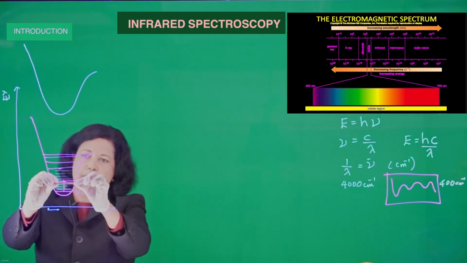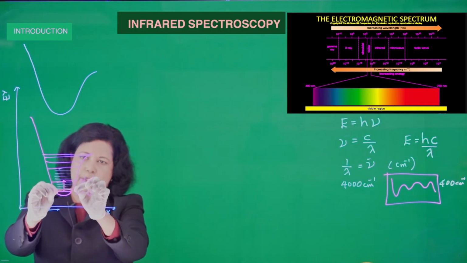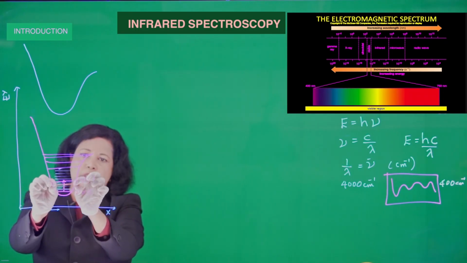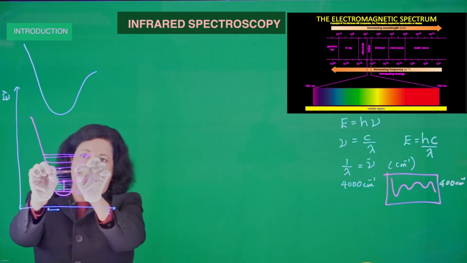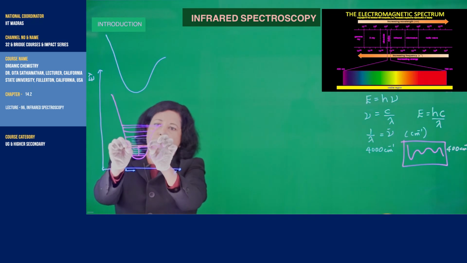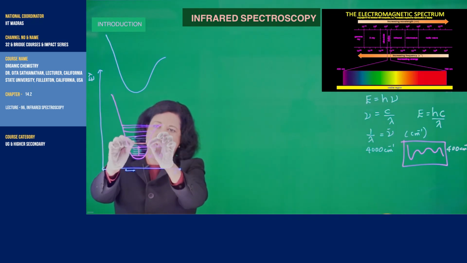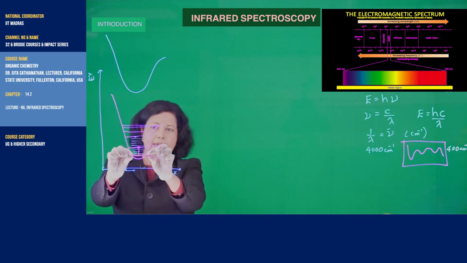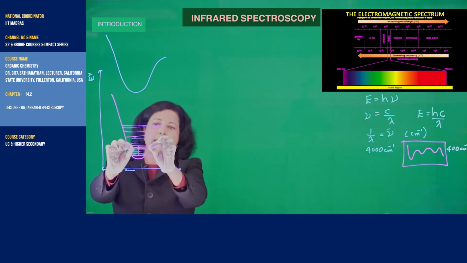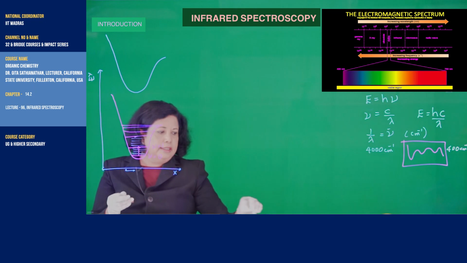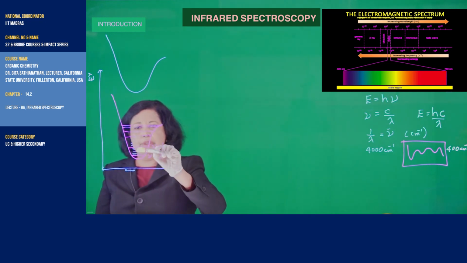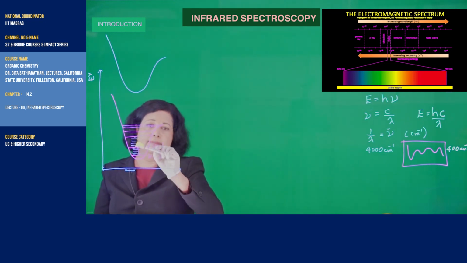So you have rotational spectra and vibrational spectra. Here, the vibrational spectra is mainly where the infrared is. So when you go from here to here, you're also rotating, so you may not always fall back on the exact same rotational level. Therefore, there are possibilities that you'll go to a different rotational level.